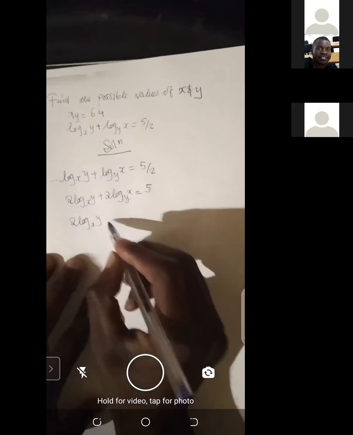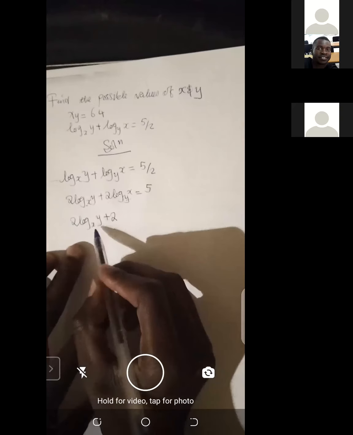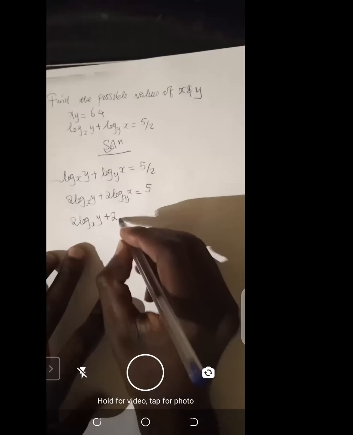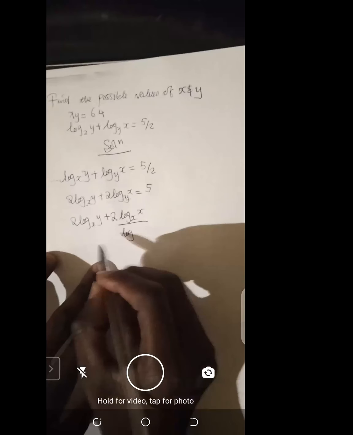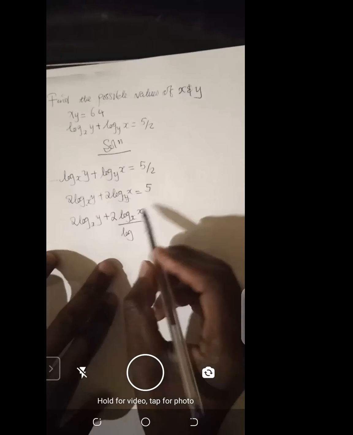Let us convert this one to base x: 2 log y plus, this one you can change the base as log base x of x, the new base, divided by log base x of y, the base maintained.